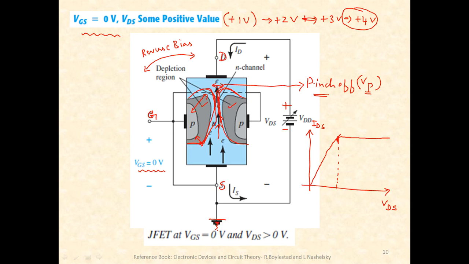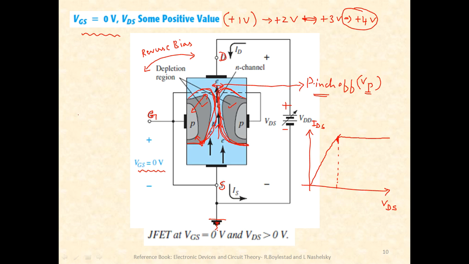That means the thin or the narrower channel goes on increasing. If I further increase VDS, it becomes like this. If I further increase VDS, again it becomes like this. Okay, so now I'll try to give a very simple analogy.